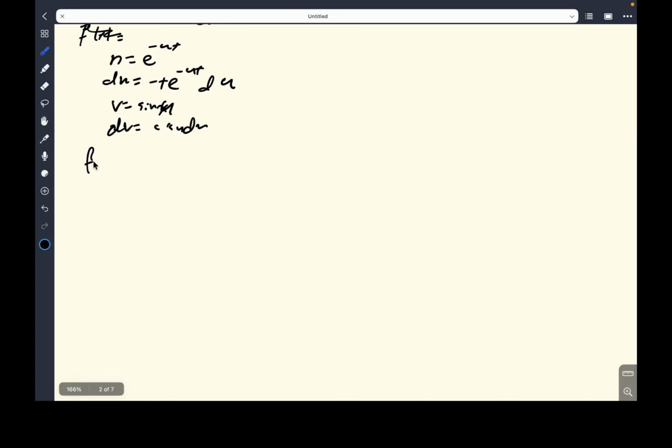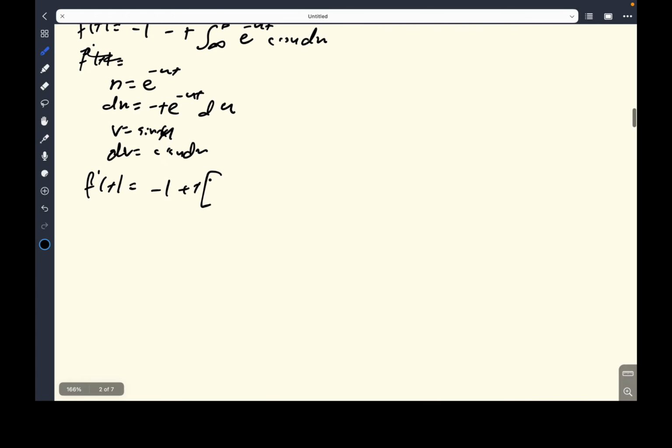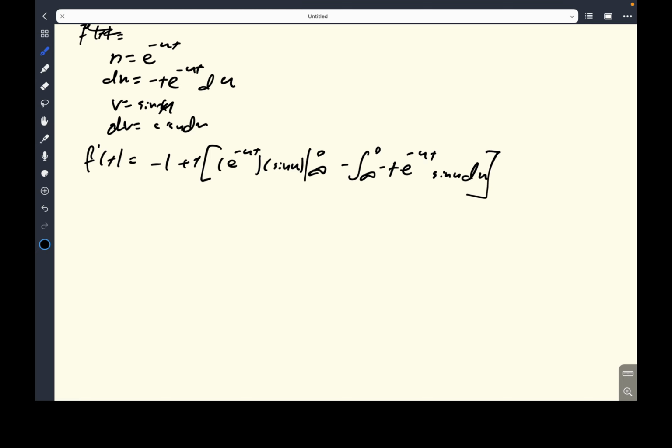If I again substitute back the whole thing, it's going to be negative 1 plus t times e to the negative ut times sine u from infinity to 0, minus the integral from infinity to 0 of negative t e to the negative ut sine u du.